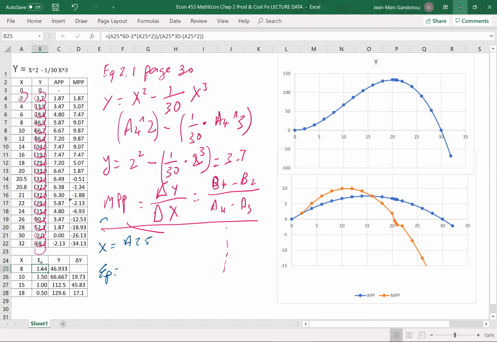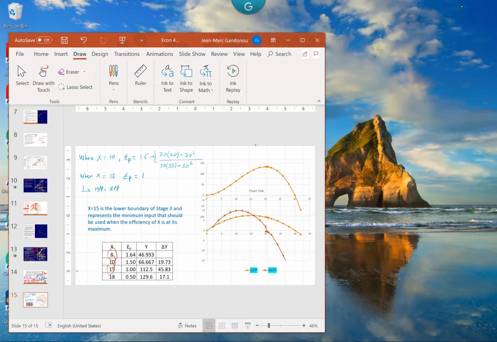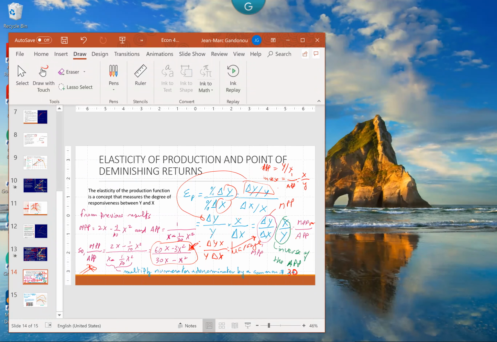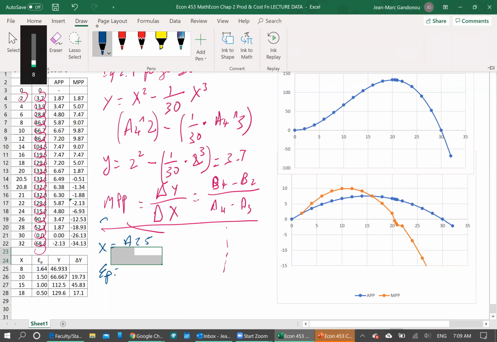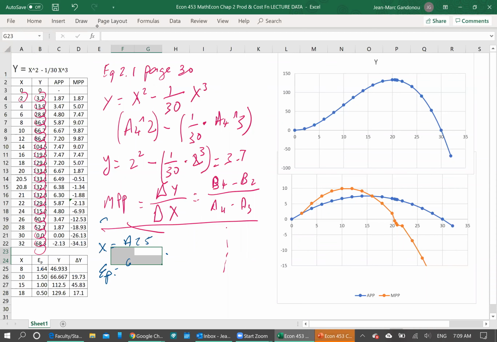So the elasticity of P, if I can remember this, the function of elasticity of P that we found is 60x minus 3x squared, divided by 30x minus x squared.